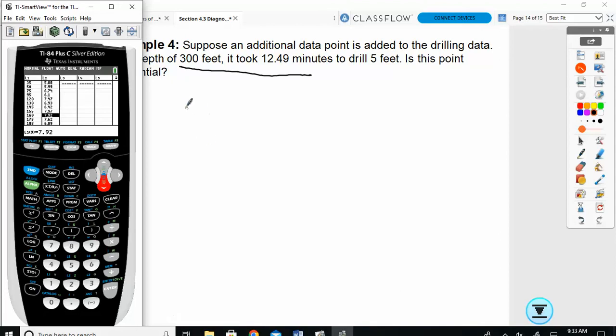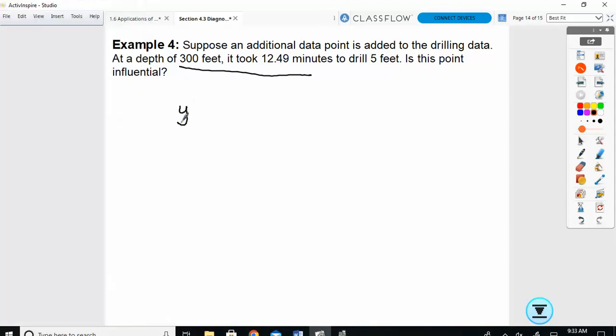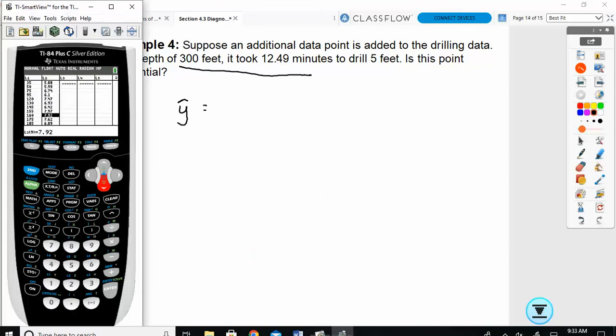I should have had you write down first, and I didn't. My calculator, I haven't deleted out my original yet.